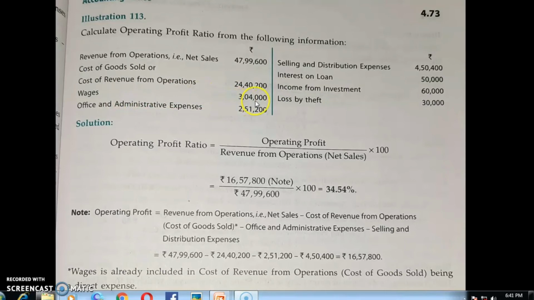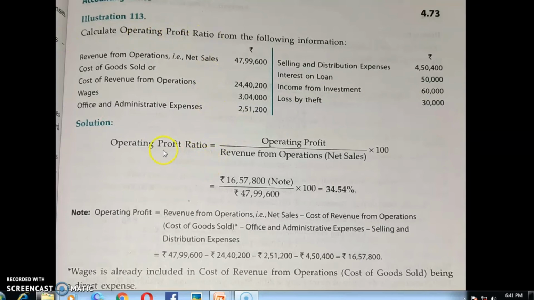Wages 3,04,000. Office and administrative expenses 2,51,200. Selling and distribution expenses is 4,50,400. Interest on loan 50,000. Income from investment 60,000. Loss on theft is given as 30,000. So with this information you are asked to calculate operating profit ratio.